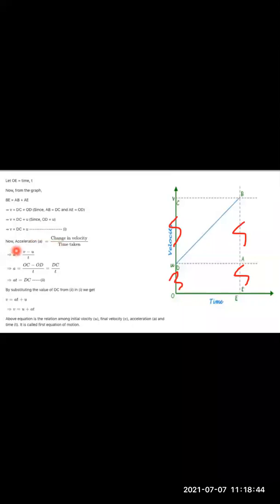We all know the formula for acceleration. Acceleration is change in velocity upon time taken. But what is the change in velocity? Final velocity minus initial velocity upon time taken. Final velocity is v, minus initial velocity u, upon time taken t.